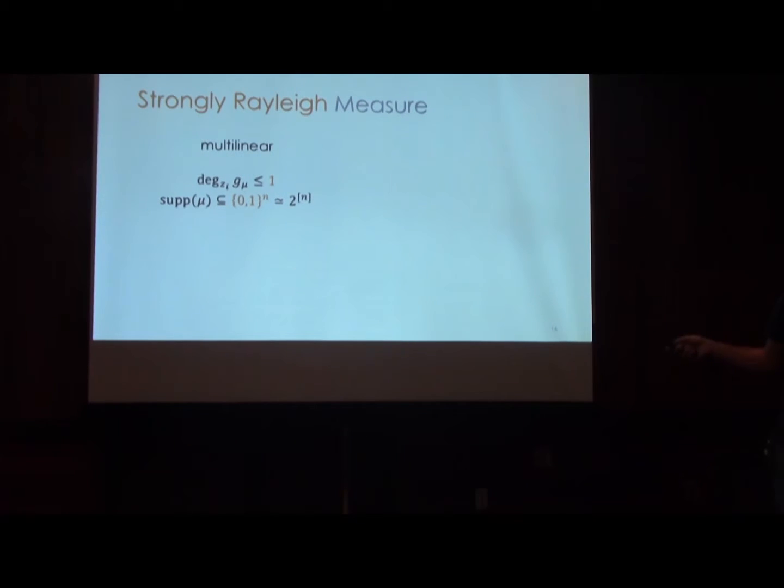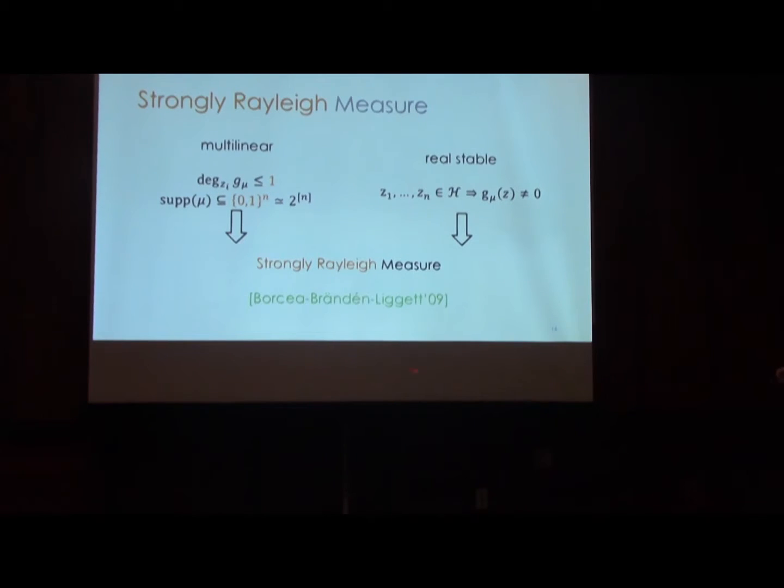An equivalent way of saying that is that in the generating polynomial, no variable appears with a power of more than 1. So the generating polynomial is multilinear. Then I'm also going to require that the generating polynomial is real stable, and these two conditions are basically the definition of strongly Rayleigh measures, which was introduced by this paper.